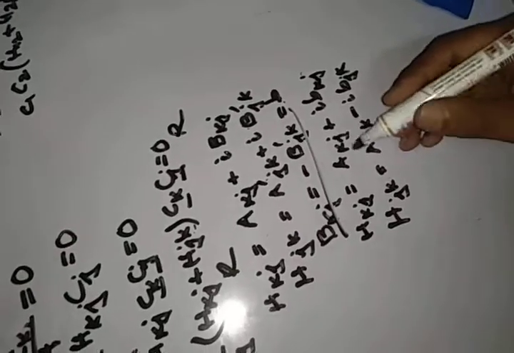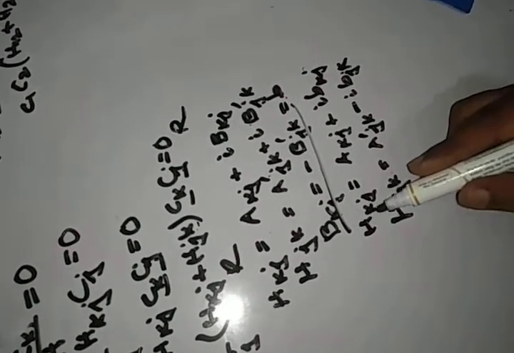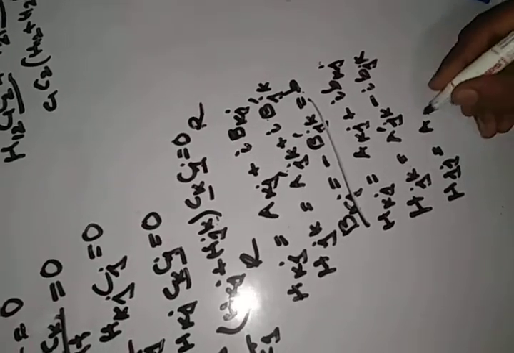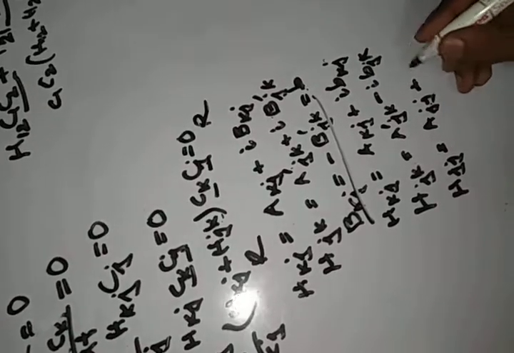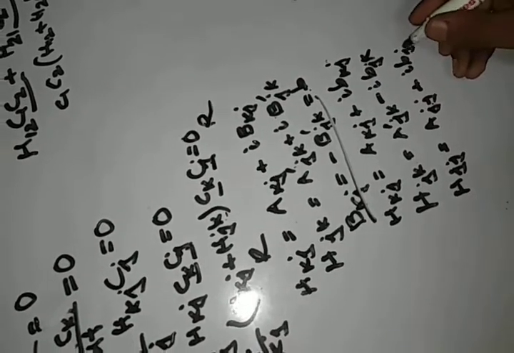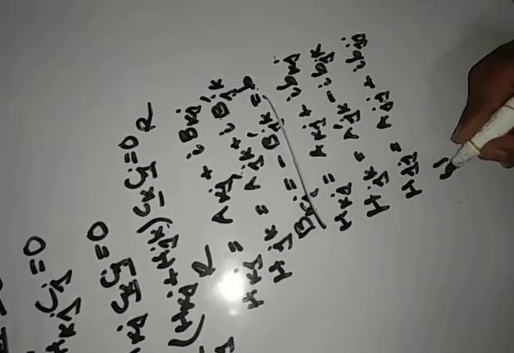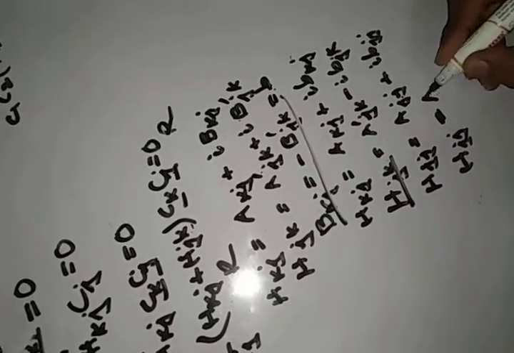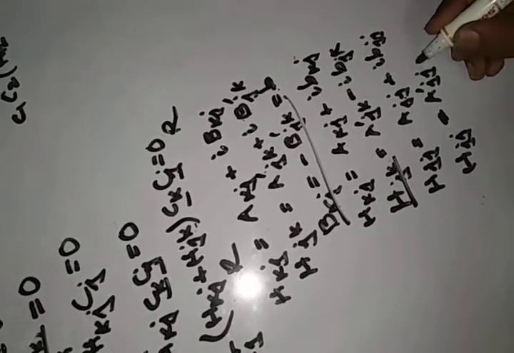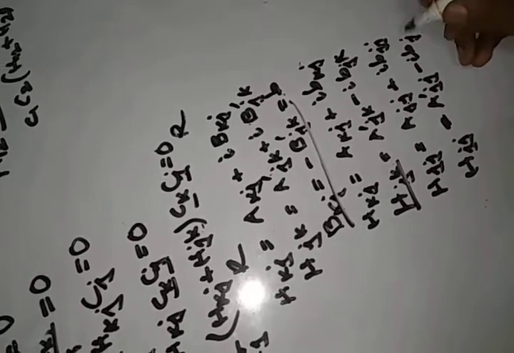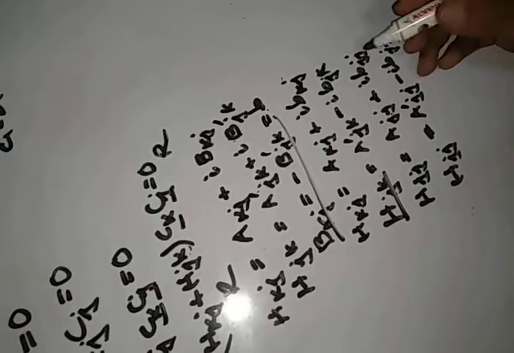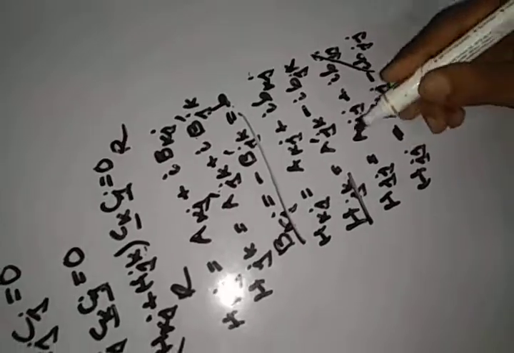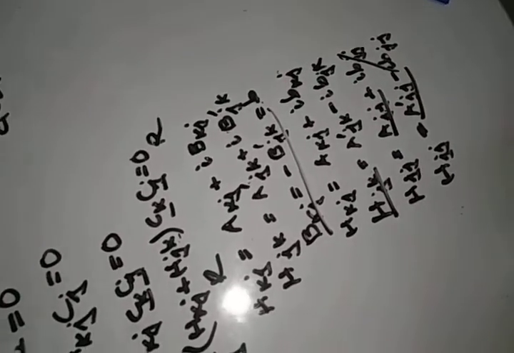Okay, now if we replace k by j, then h_jj will be equal to a_jj plus i b_jj. Okay, h_jj from this thing equals a dash jj minus i b_jj. So these will cancel each other, but a_jj must be equal to a dash jj.